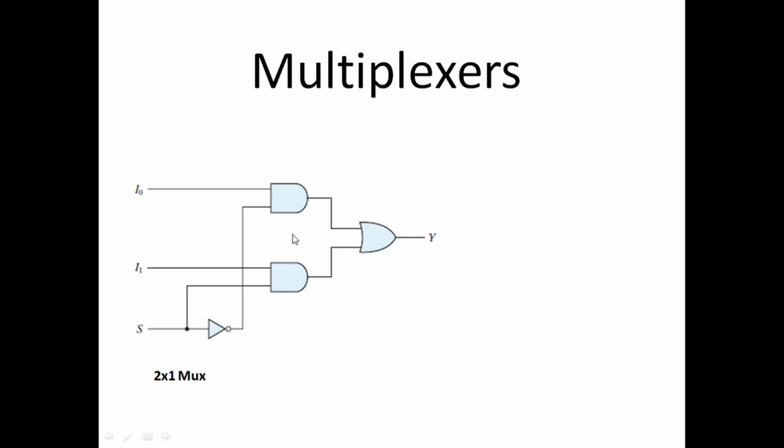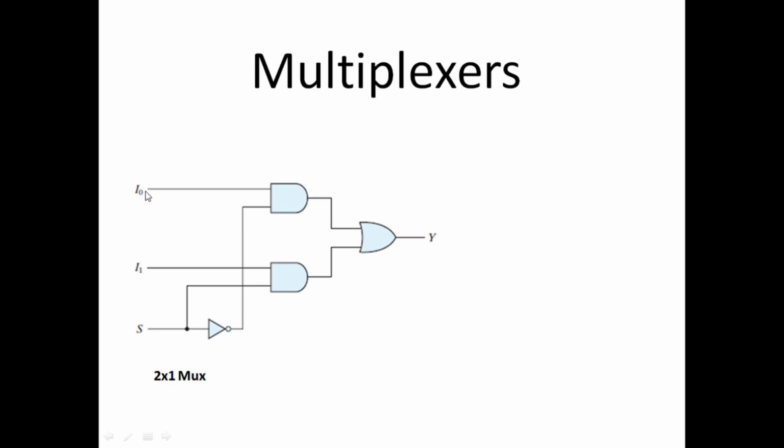And the logic is very simple. Here S is a single bit line, and this single bit can have two values. It can be 0 or it can be 1. Whenever this is 0, this inverter converts it to 1. So a 1 is given to the first AND gate, and this 0 is connected to the second AND gate. So the output would be 0 there, and the first AND gate would function.